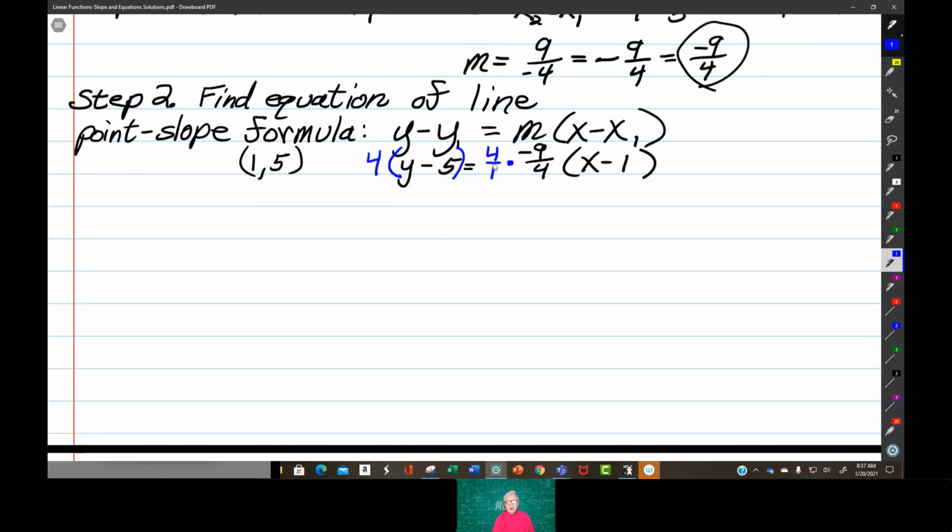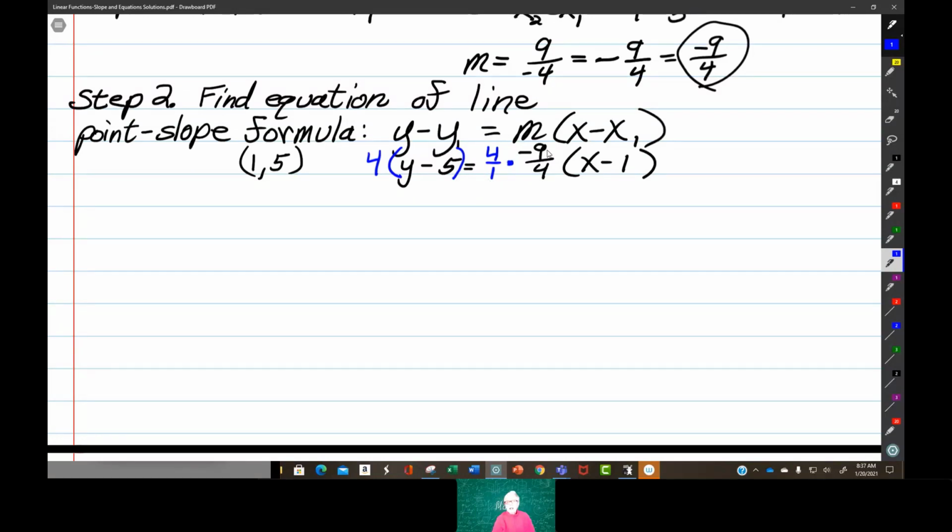I said 4 over 1 because this is going to multiply another fraction, and it's easier to multiply a fraction times a fraction, and 4 divided by 1 is 4. Same number.